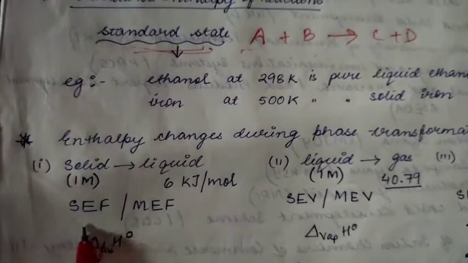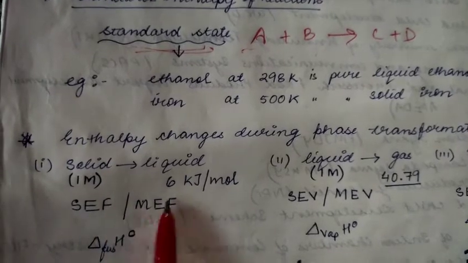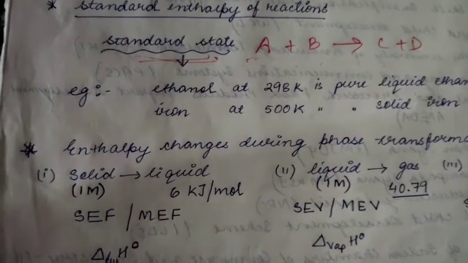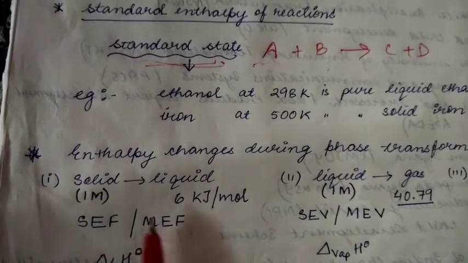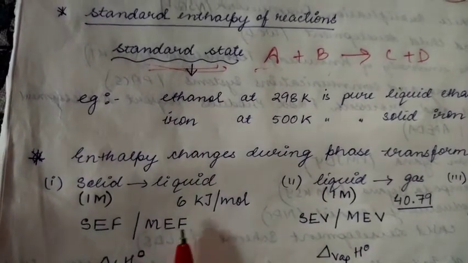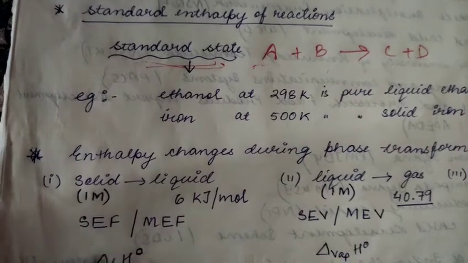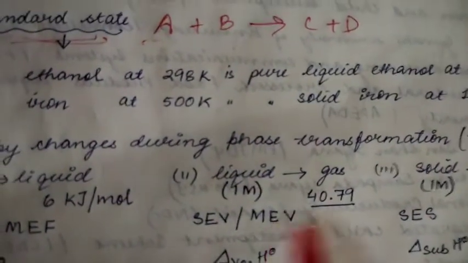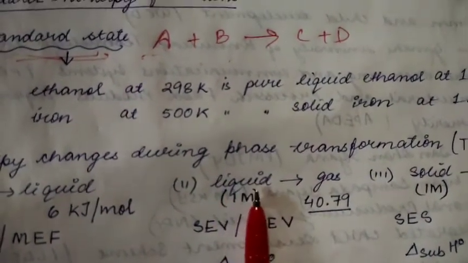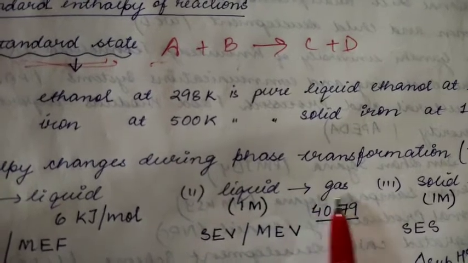So you can write it in full form. There is no space here, so I have written it in short form, otherwise I have been saying these words. So this is standard enthalpy of fusion and this is molar enthalpy of fusion. You can say either. Next you will get from liquid to gas. This is vaporization, right? From a liquid you will heat and it will be transformed into gas.